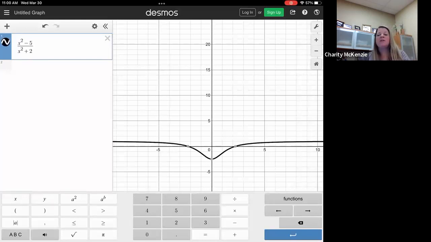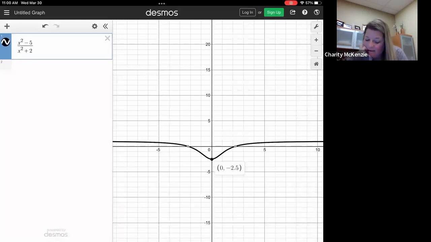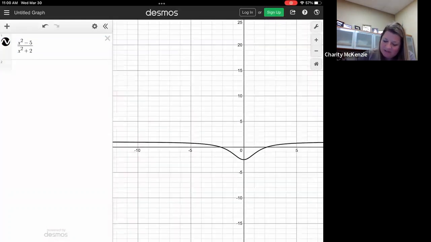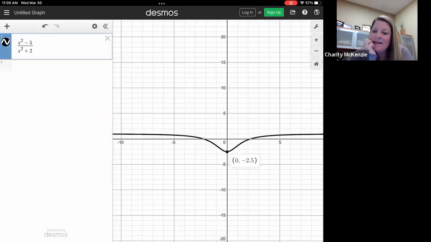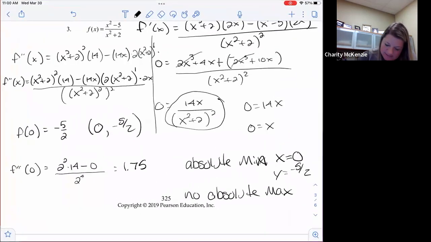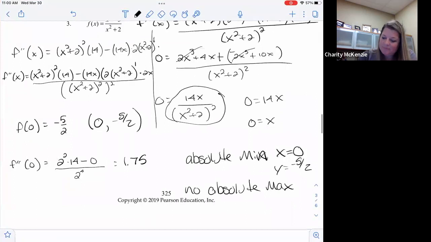There we go. That's what it looks like for our graph. So I can definitely see right here at 0 that I have an absolute minimum. And then it looks like both sides just keep getting bigger and bigger in both directions. So I have that absolute min, and that's what we said, was we had an absolute min at that point. So perfect. Here's our absolute min.